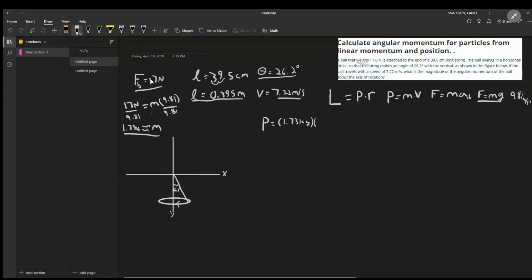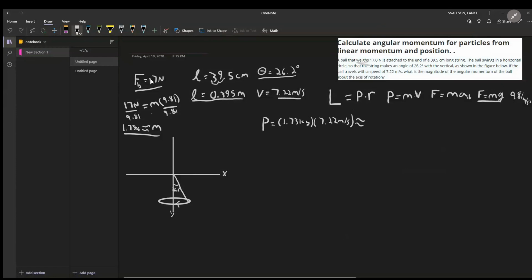That's 7.22 meters per second. Very good. So this approximately becomes, I don't know, like 12 or something. Let's run it through the calculator real fast. 1.73 times 7.22.